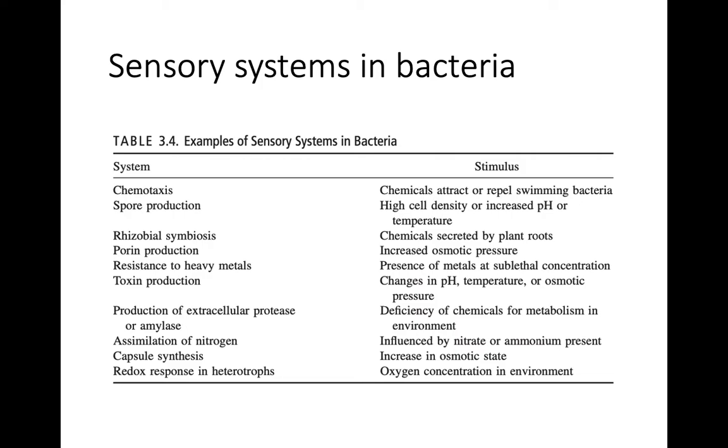For the case of rhizobial symbiosis, for the case of nitrogen-fixing bacteria, the stimuli for them to start forming the nodules in plant roots is the chemicals that are secreted by plants. So those chemicals are most likely attractants because your nitrogen-fixing bacteria will migrate to that area of plant roots and they will begin invasion and nodule formation.